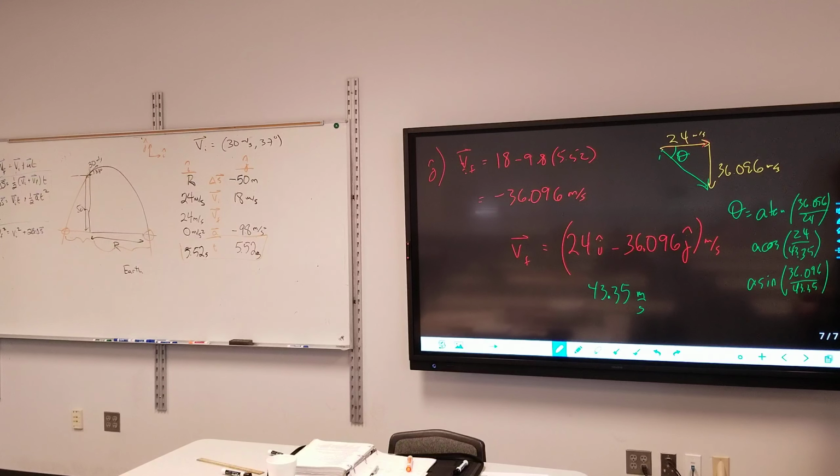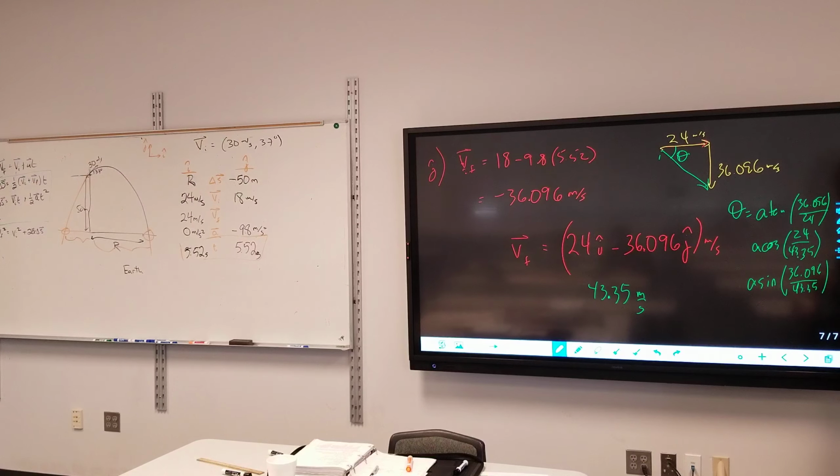Theta's going to be more than 45 degrees, I can tell you that. I just changed it to radians. Degrees is how we've generally been doing things, but if you want to do it in radians, we do radians.